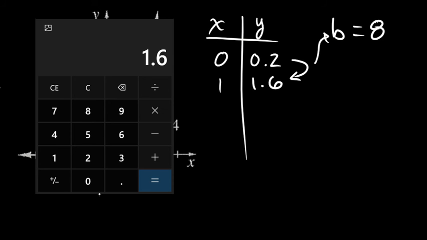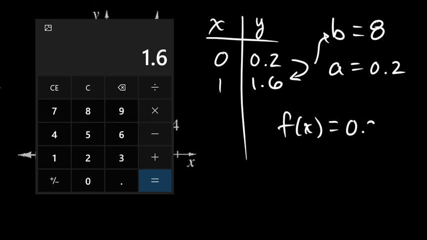The other thing that I know is because I was given the 0th term, I know a, right? A is equal to 0.2. So I can write this as f of x is equal to my 0th term, 0.2 times 8 raised to the x power.